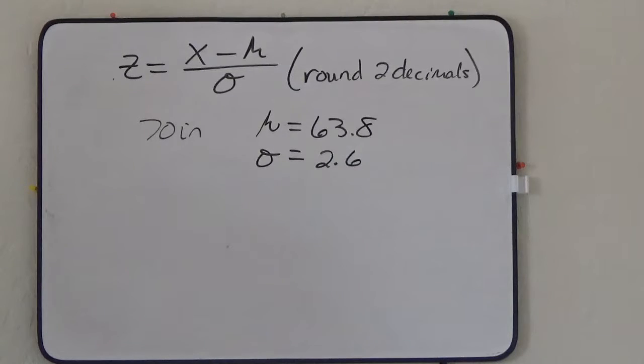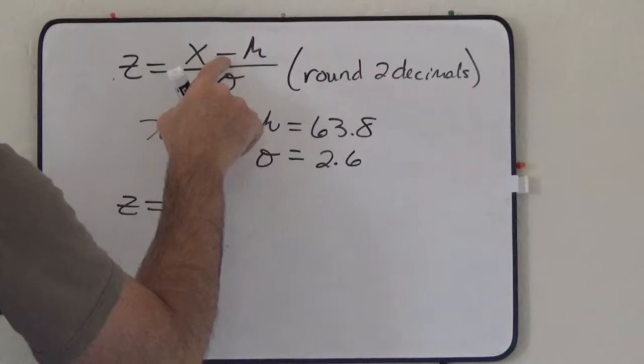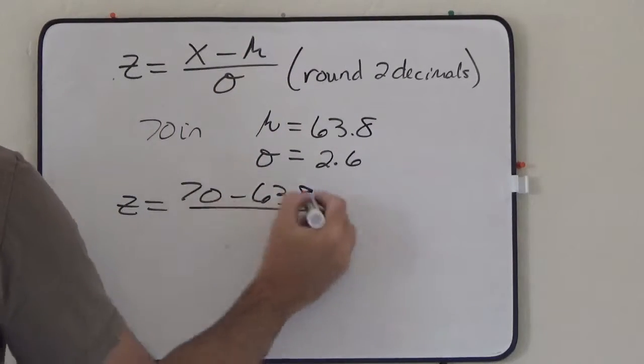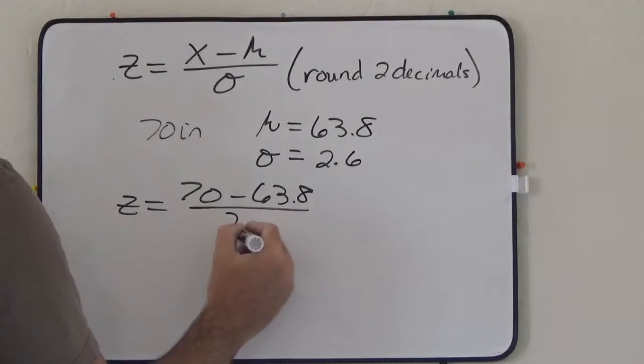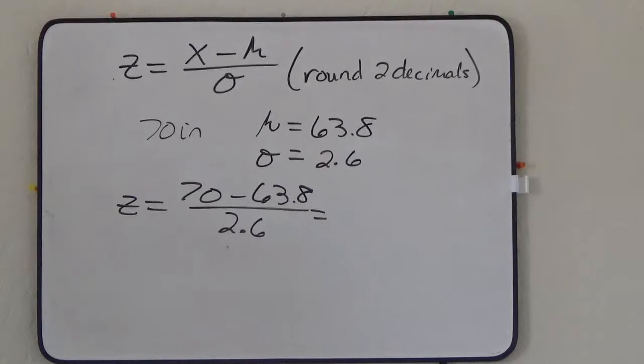That's the height requirement. So to find the z-score, we're going to do 70 minus the mean, which is 63.8, and divide it by the standard deviation, which is 2.6. In solving that, we find that the answer is 2.38.